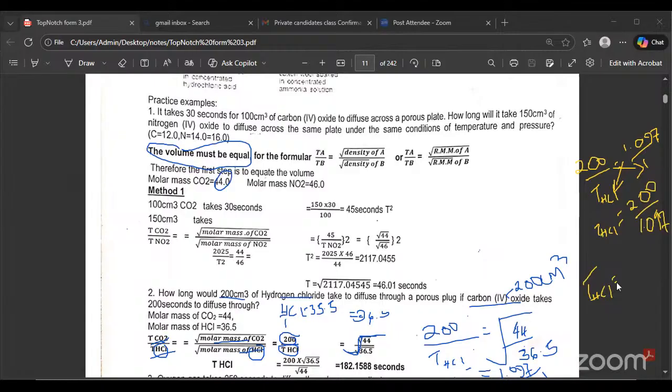So let me do mine. I'll do now 200 divided by 1.097, and I'm getting 182. If you have done 182.315, let us say 182.32. So 182. And I'm saying the difference in the answer should be in the decimals.